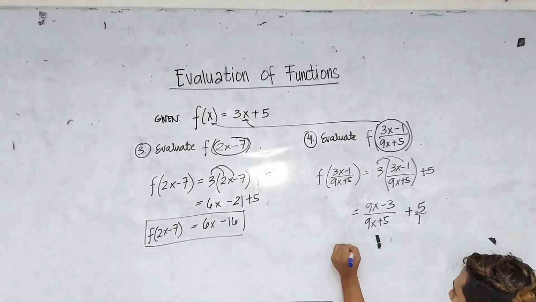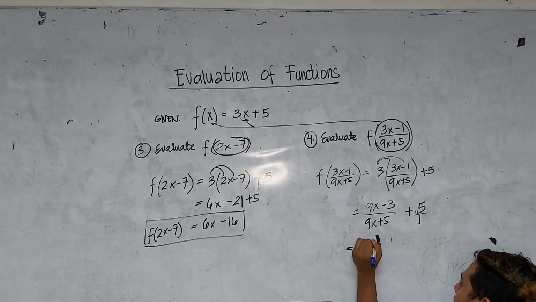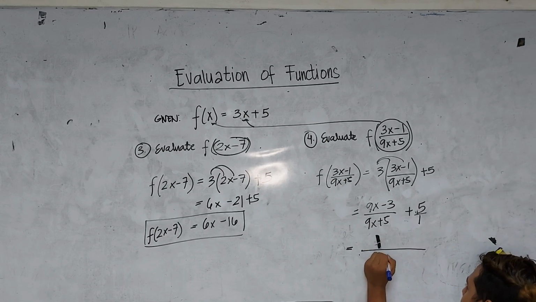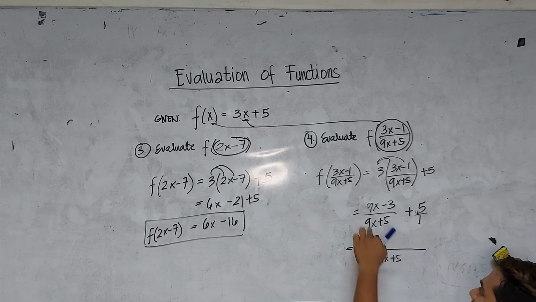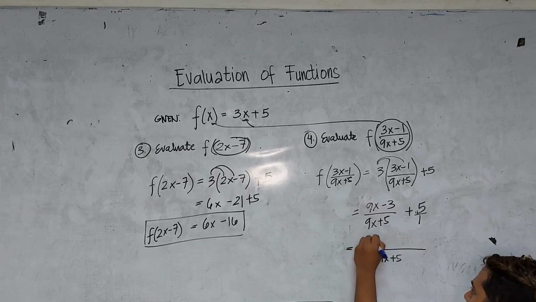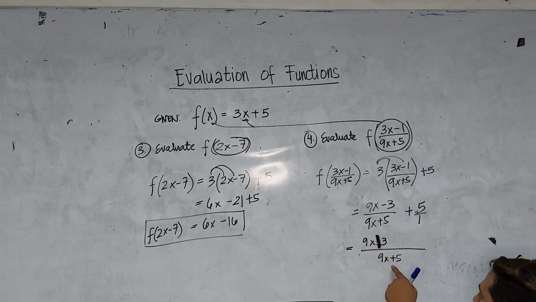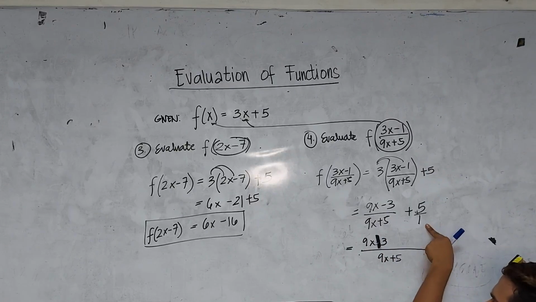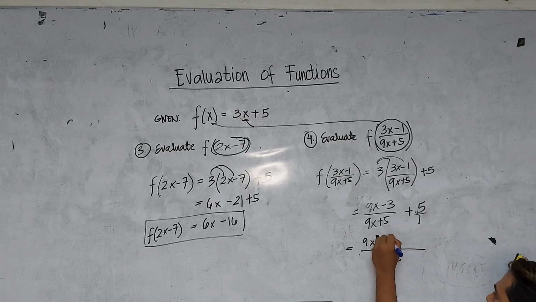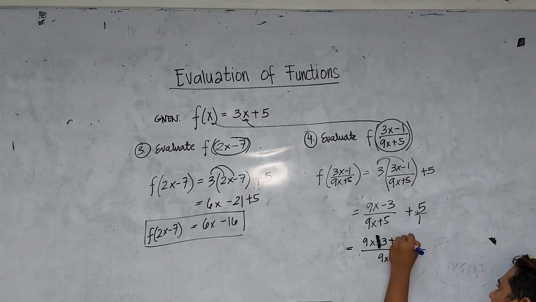So this becomes 9x minus 3 over 9x plus 5. 9x plus 5 divided by 9x plus 5, 1 times 9x minus 3, 9x minus 3. 9x plus 5 divided by 1, 9x plus 5 times 5, 9x times 5, 45x.